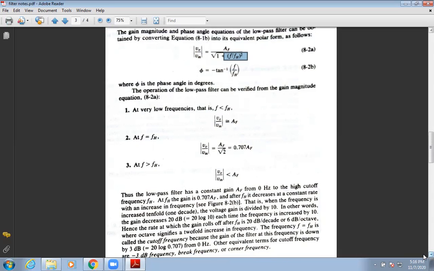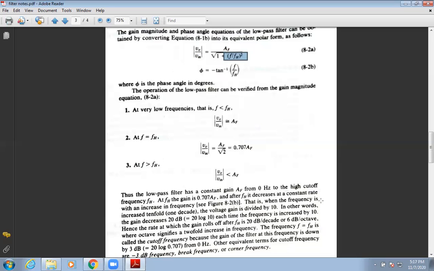Thus, a low pass filter has a constant gain AF from 0 to the high cutoff frequency. At fH, that is the high cutoff frequency, the gain is 0.707 times the value of AF, and after the high cutoff frequency it decreases at a constant rate with increase in frequency.